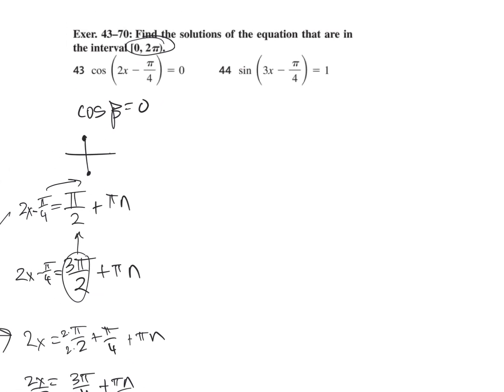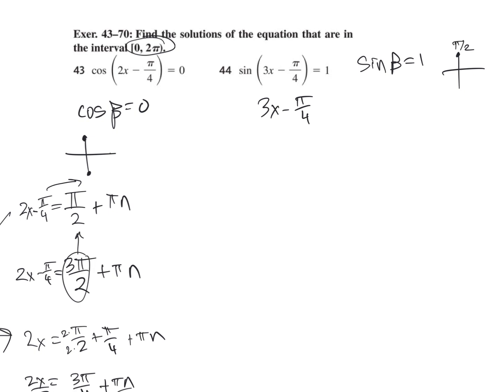Let's try this one. All right, so now we have 3x minus pi over 4. Now remember, we have sine of beta equals 1. Where's the y value 1? The y value 1 is only at pi over 2.